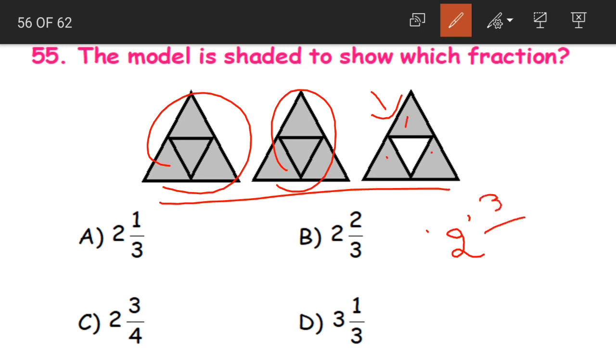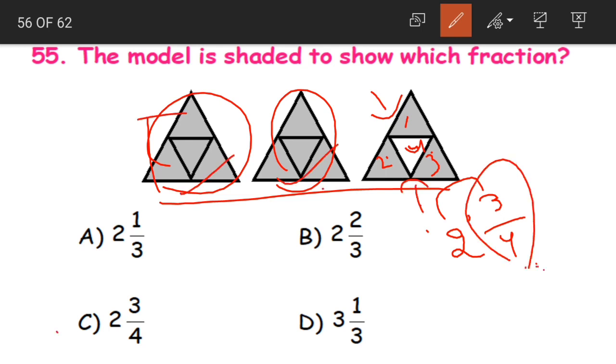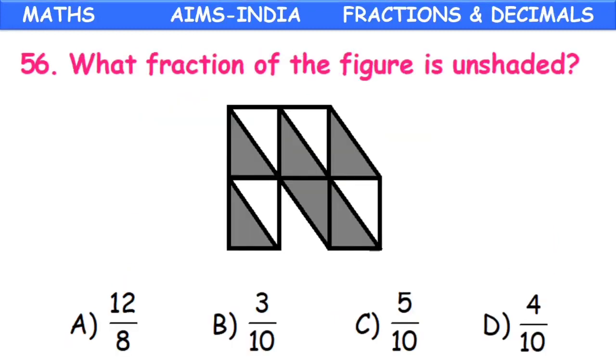We are having 3 shaded parts out of 1, 2, 3, 4 parts. So 2 and 3 by 4 becomes the fraction representing the given model. 2 fully shaded models, and in the third model only 3 by 4 is shaded. Option C, 2 and 3 by 4, becomes the correct one.